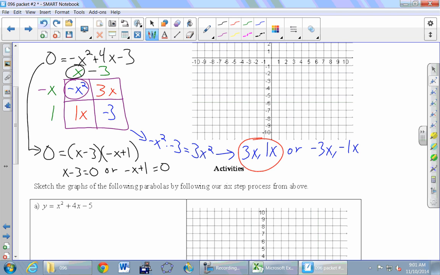The factoring part of this problem is the toughest part of graphing the parabola. And so here, by adding 3 to both sides, we get x equals 3. And over there, x equals 1. Might take a couple of steps on that one.